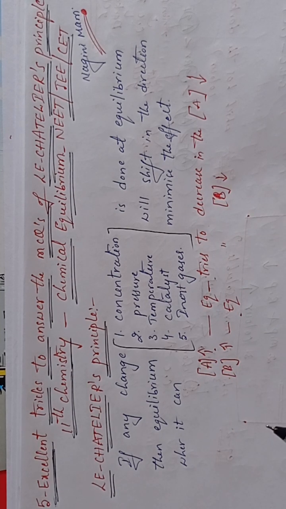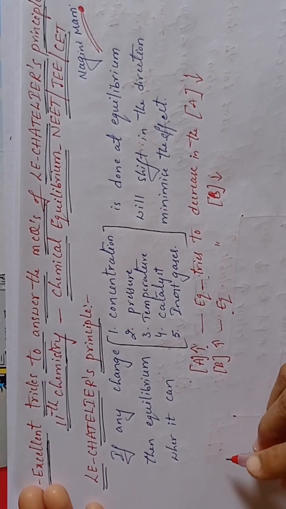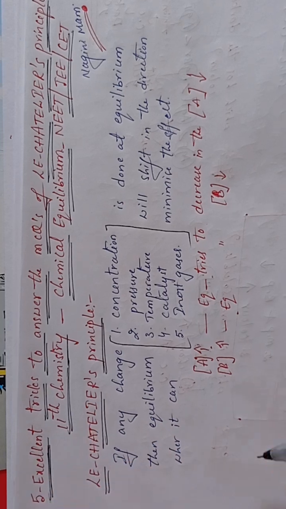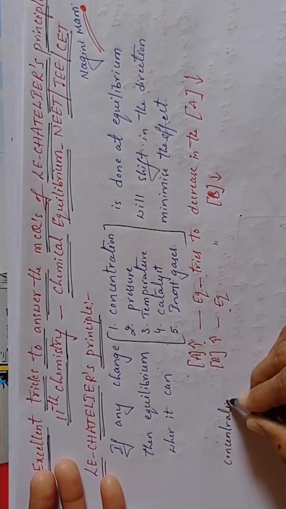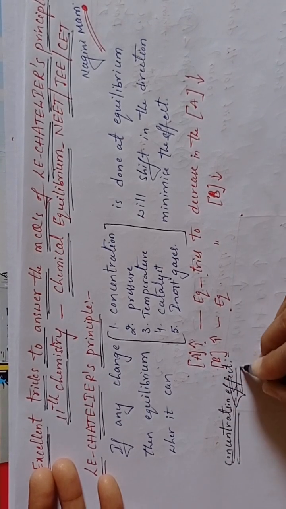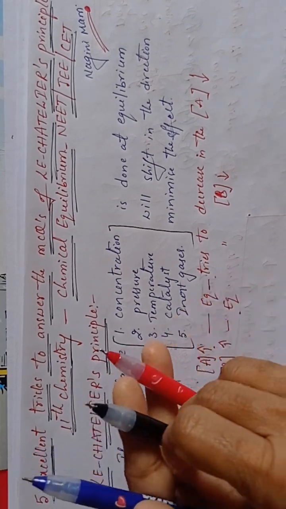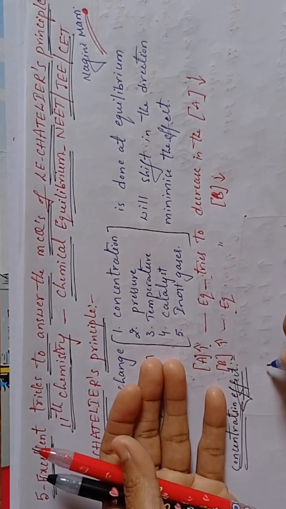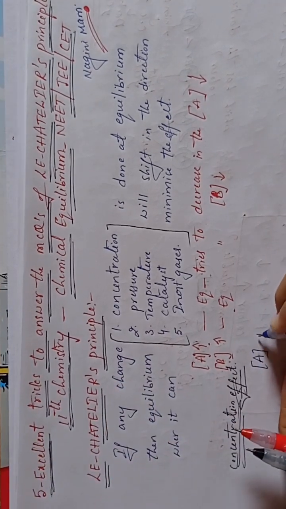Clear? Right. Now first we will discuss the concentration effect. So first one, concentration effect. What is the concentration effect? In the case of concentration, for example, the concentration of the reactant increases.